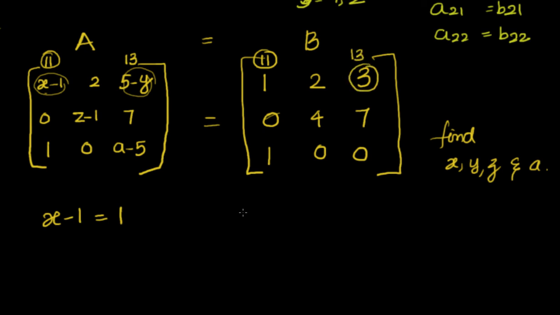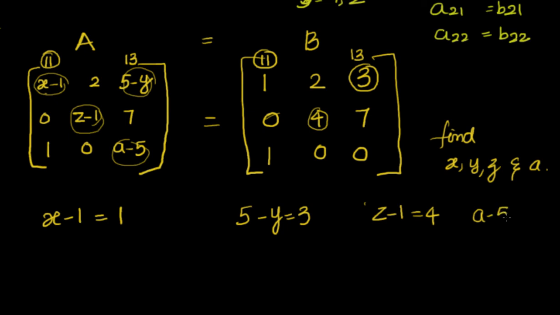So if we equate them, 5 minus y equal to 3. Then in the second row, second column, where we have the variable z, we have to equate that to 4. So I will say z minus 1 equal to 4.